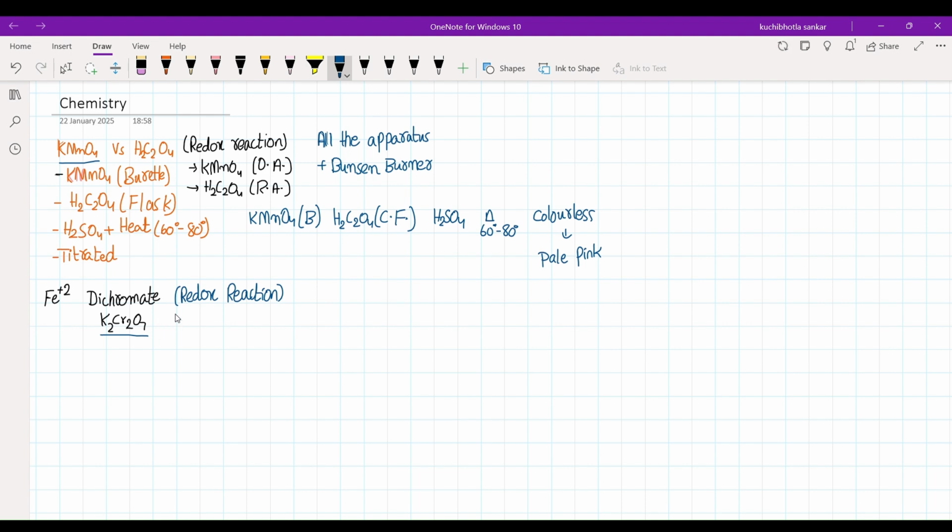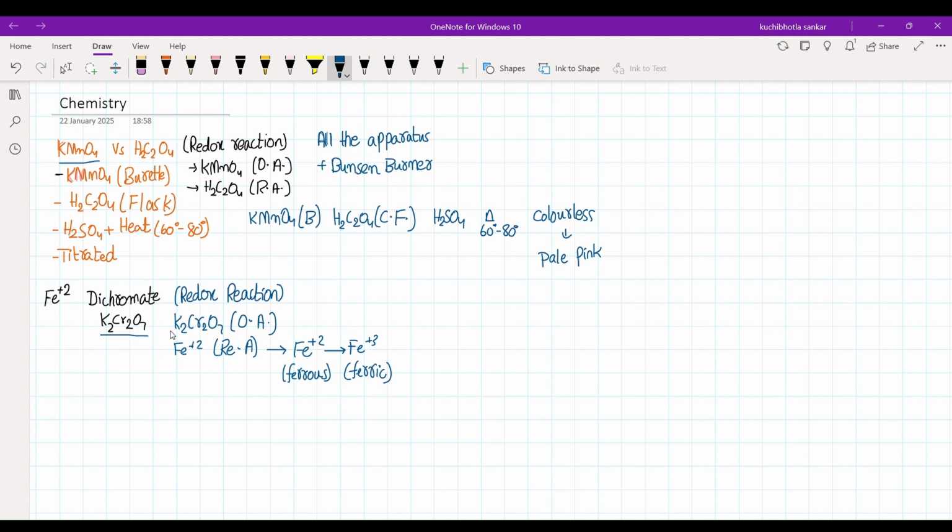K2Cr2O7 is going to be the oxidizing agent, so it reduces itself, so it gains electrons, and Fe plus 2 is a reducing agent. That means it oxidizes itself, it loses electrons, and it will turn into a more positive ion. So Fe plus 2 will convert into Fe plus 3. This is known as a ferrous ion, and this is known as a ferric ion.